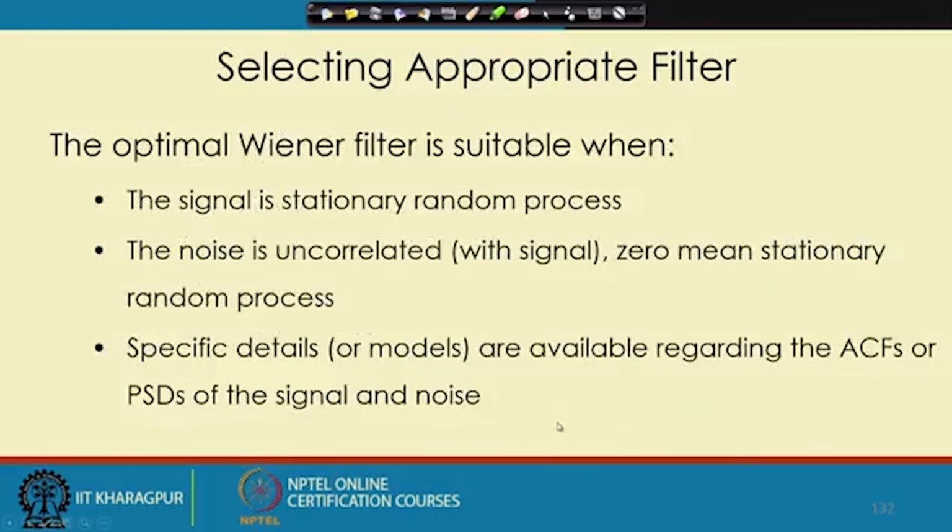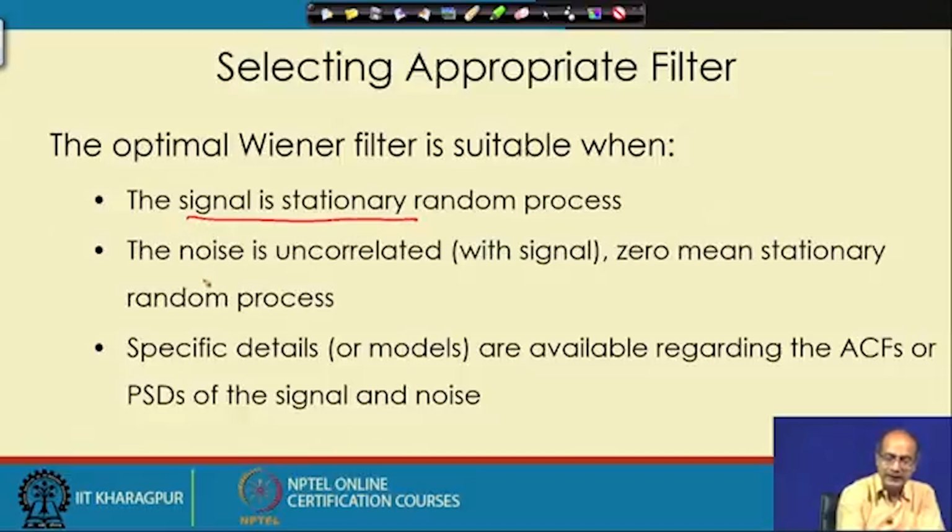Now, we go for the optimal filtering or Wiener filter. Here again, the requirement of stationarity of the signal and that of noise is maintained.